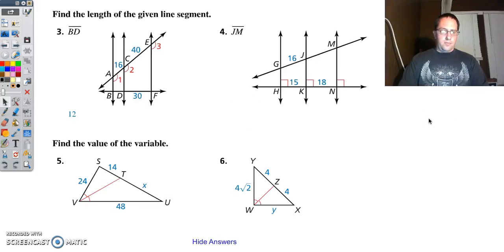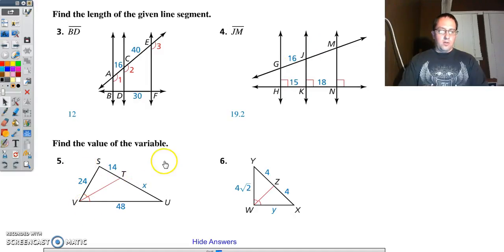There's our answers. Here we go. We've got 12 for BD. And this is just a nice little proportion right there. 16 to X to 40 to 30. Cross multiply and divide. Over here, 19.2. Again, just proportion, cross multiply and divide. Not a big deal. Down here, the proportion is a little bit trickier. This is 28.